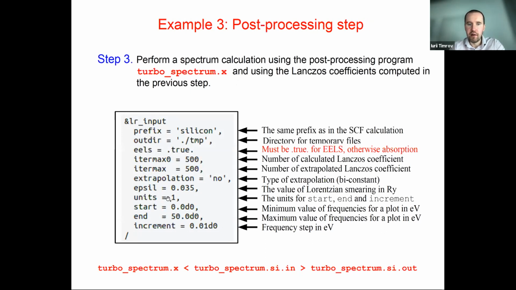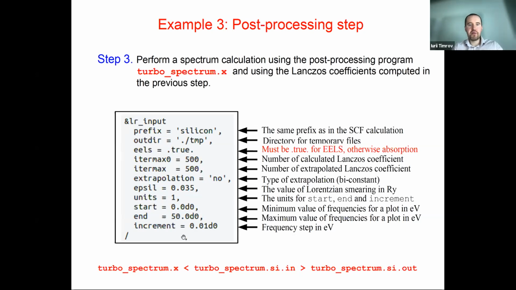Units can be different, Rydberg or electron volts. We use the one which corresponds to electron volts for the energy spectrum plot. And we specify start, end, and increment step for the energy, also in electron volts.